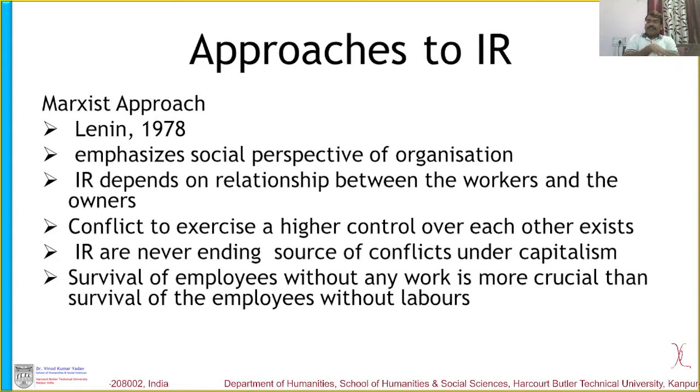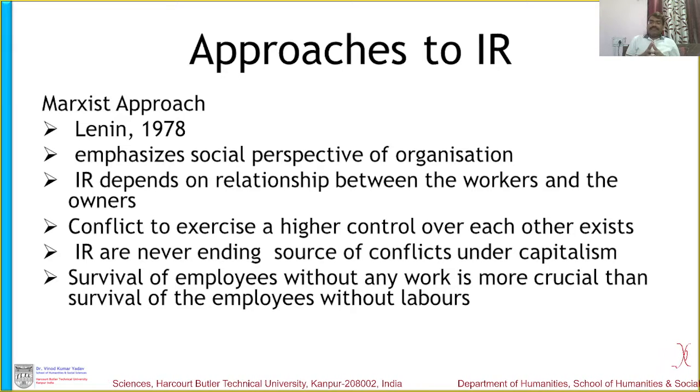Industrial relation depends on the relationship between the workers and owners. Obviously, the concept is the same, but this approach talks about workers first and owners later. And conflict to exercise a higher control over each other exists. That means workers try to have a better control over the management.